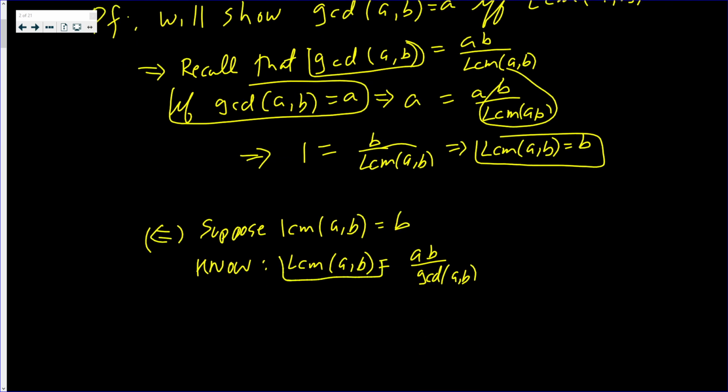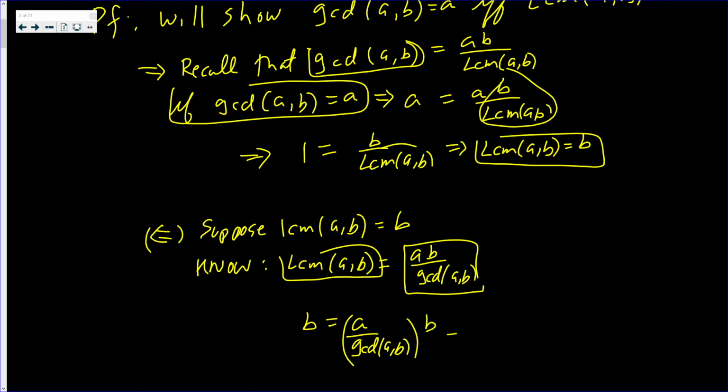But this is b. b is equal to a times b over the GCD of a and b. Let me say it the way I really want to say it. I'm rewriting this as a over the GCD of a and b, times b.